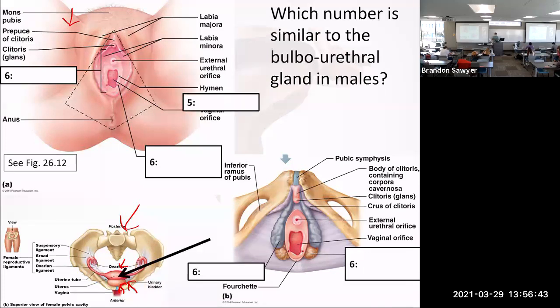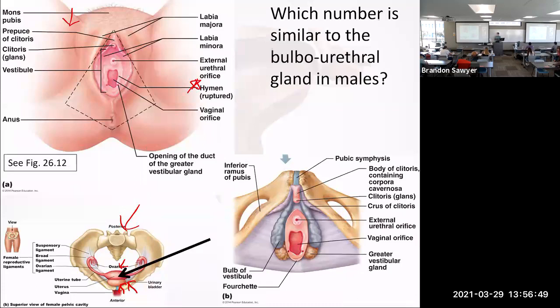Number 5 is the hymen, in that case ruptured, and in 6 you can see where all those glands release through these little holes, the different vestibular glands. So 6 would be the answer to this. As you can see, there's a bunch of different ones, but for the purpose of this class, just lump them all together. They all have very similar functions.